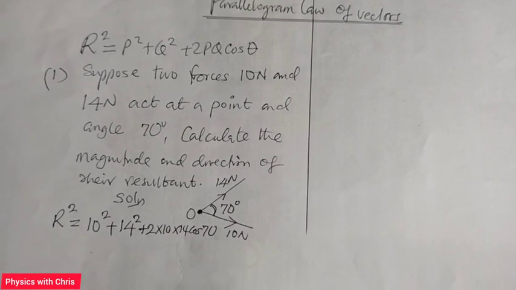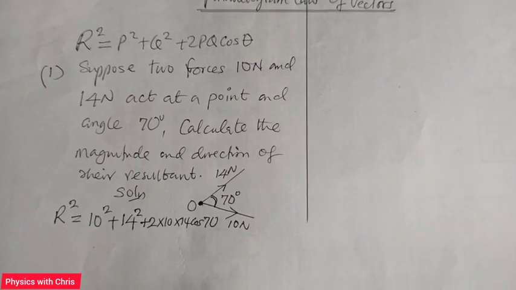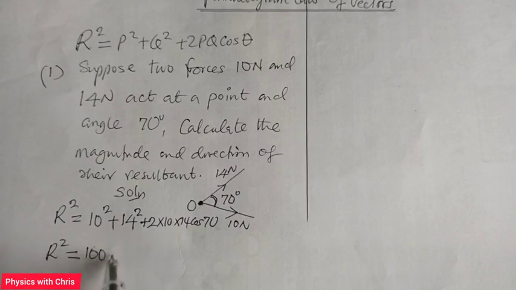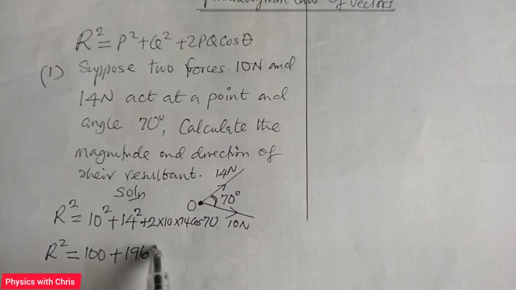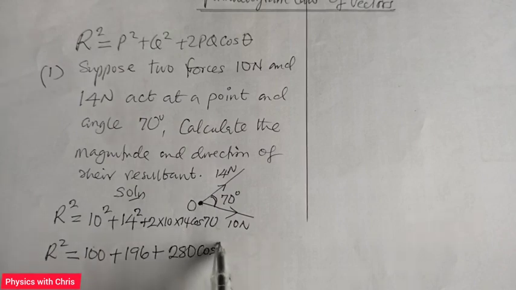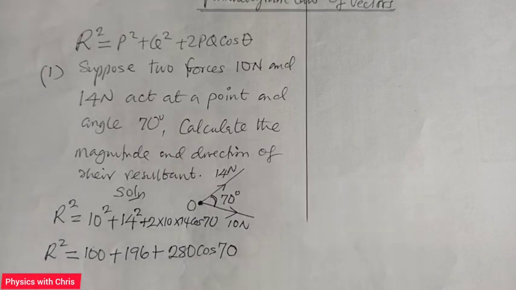So you have to get your calculator ready so that you can follow me step by step. This is 10 squared, which is 100, plus 14 squared, which is 196, plus 2 times 10, that's 20, times 14, that is 280 cos 70. Now the rule of BODMAS must apply here because multiplication comes before addition.